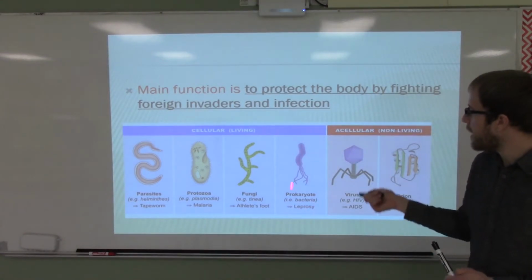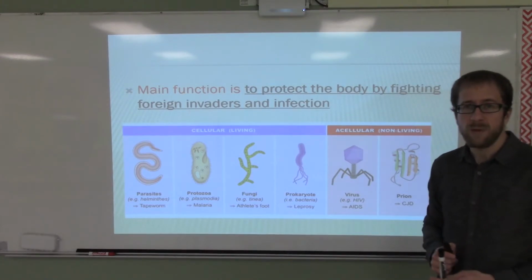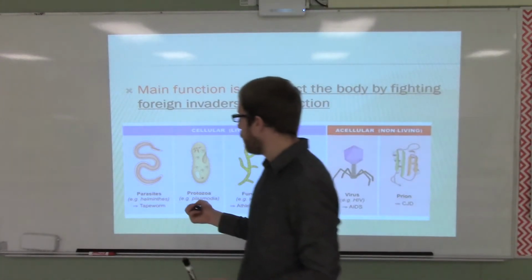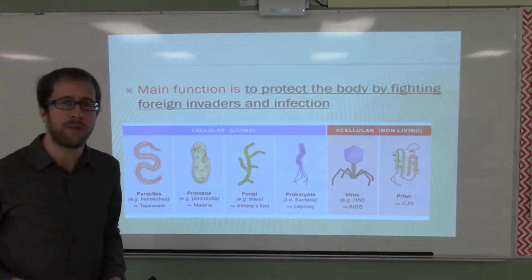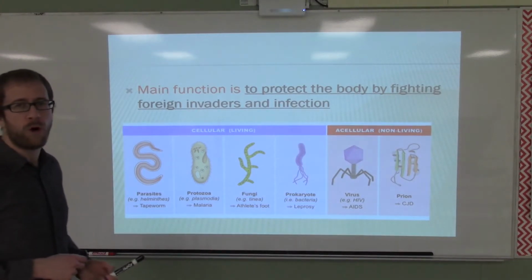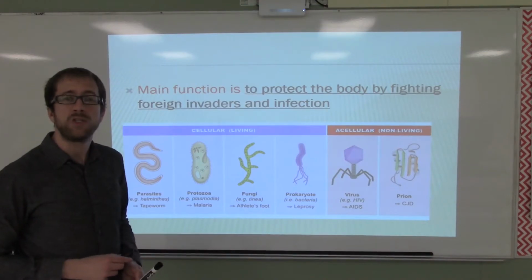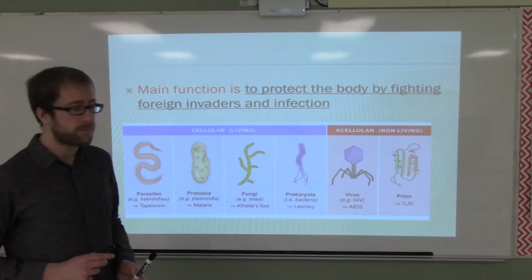It can be things like bacteria. It could be fungi, it can be protozoan infections, it can be parasitic worms like helminth worms, tapeworms. So there's a lot of different things out there that want to make your body their home, and our immune system is constantly trying to fight those things.